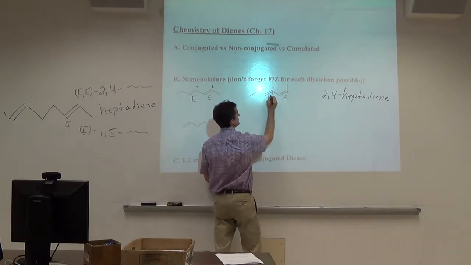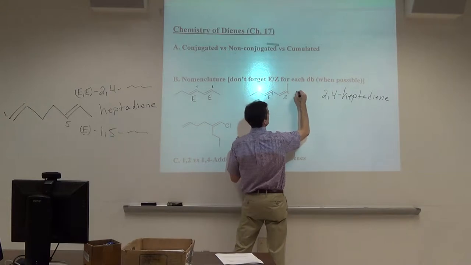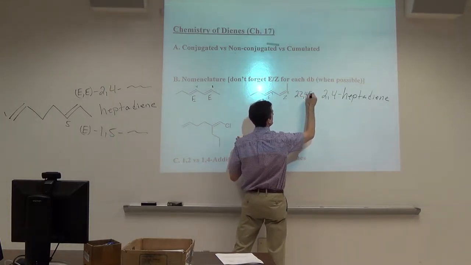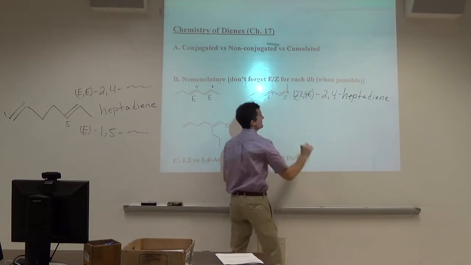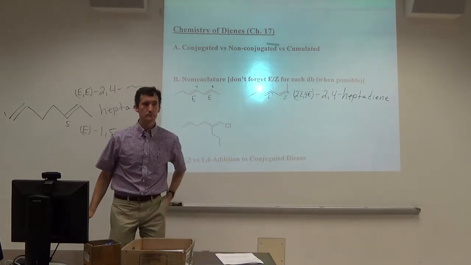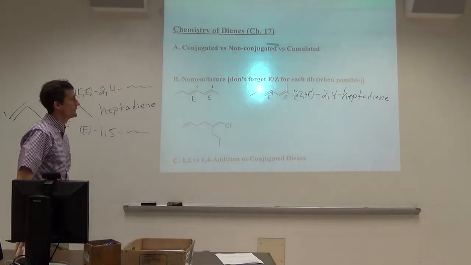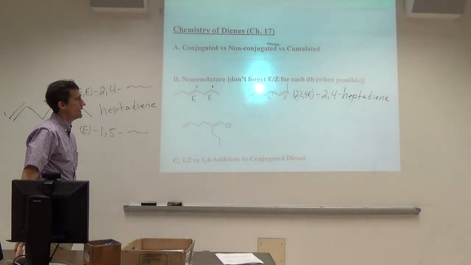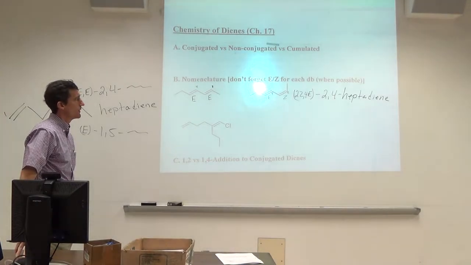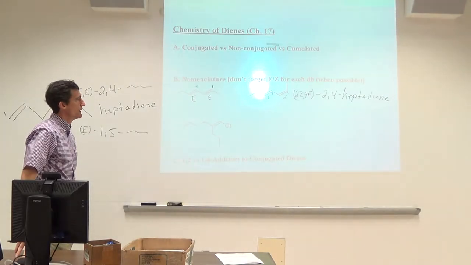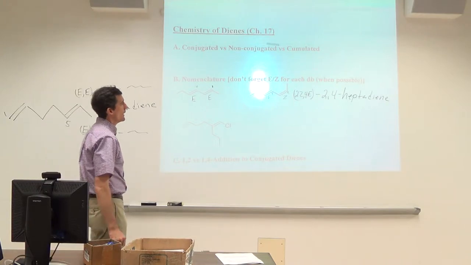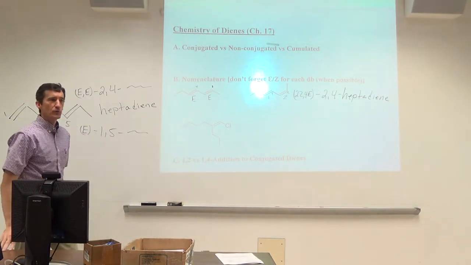That one's Z and this one's E. So we can say 2Z, comma 4E. Pretty straightforward.